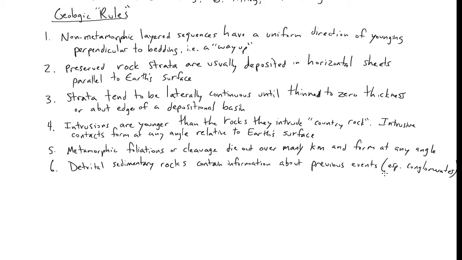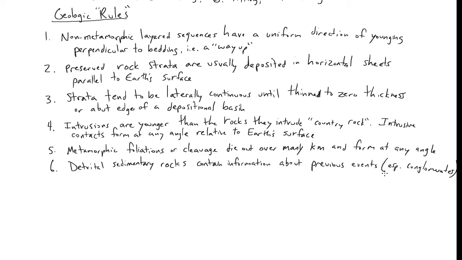If you find an amphibolite, a metamorphic basalt, as a chunk in a conglomerate, you've got quite a few geologic events right there, because you have the deposition of the conglomerate, but before that there must have been a basalt.